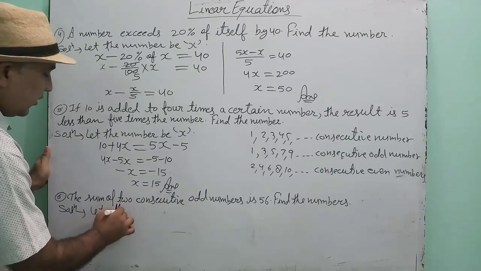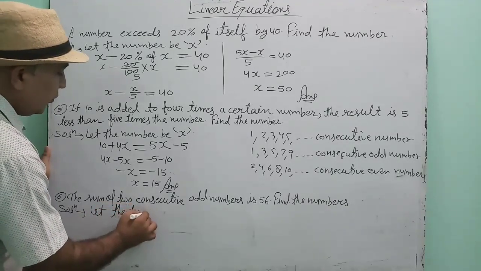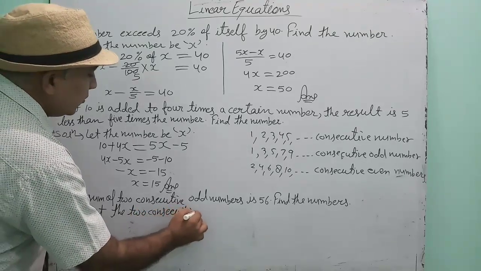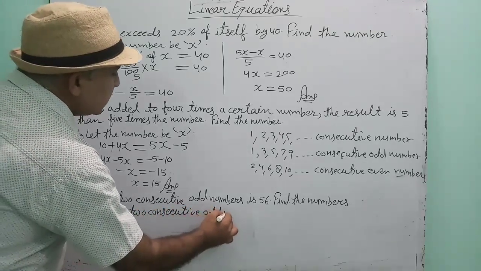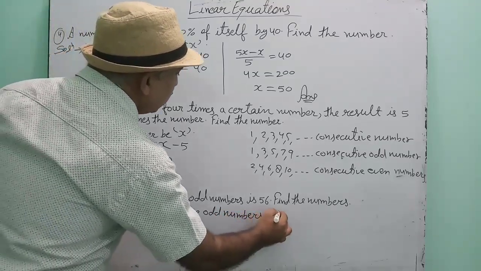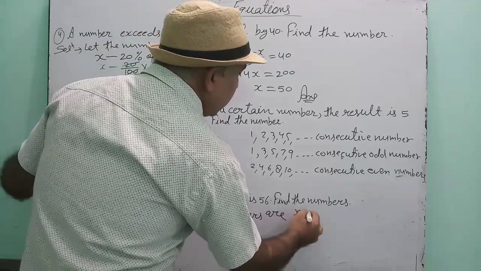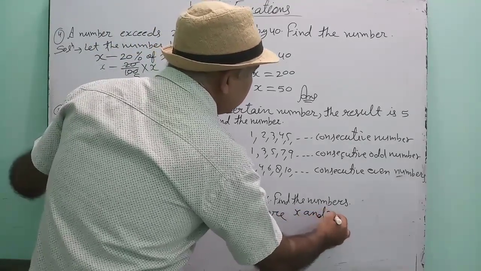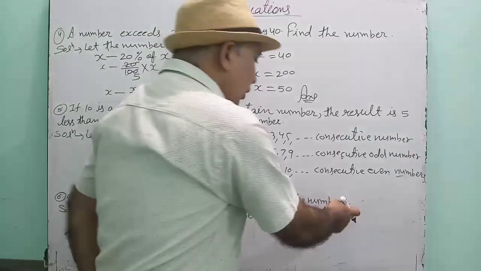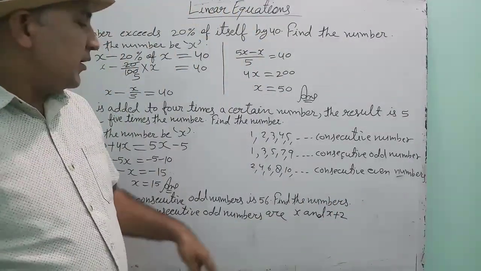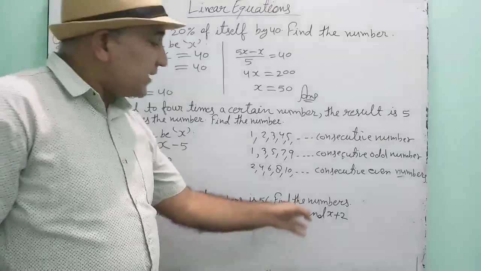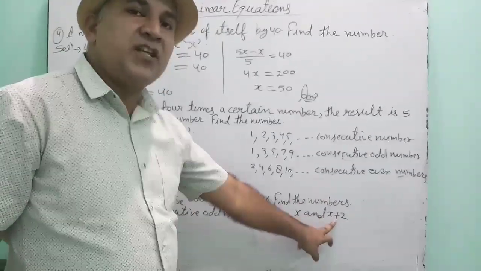So let the two consecutive odd numbers be x and x plus 2. Yes, this is the noted point. See here, if the first odd number is x, then the second odd number will be x plus 2.